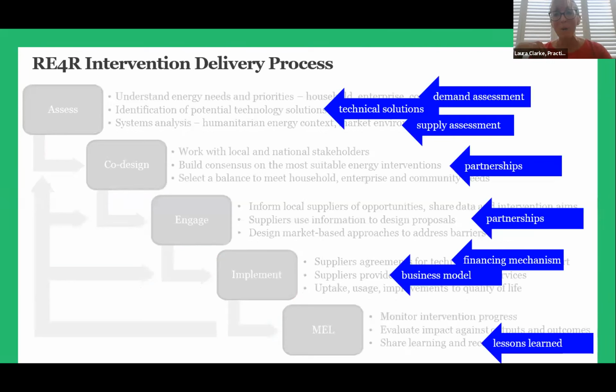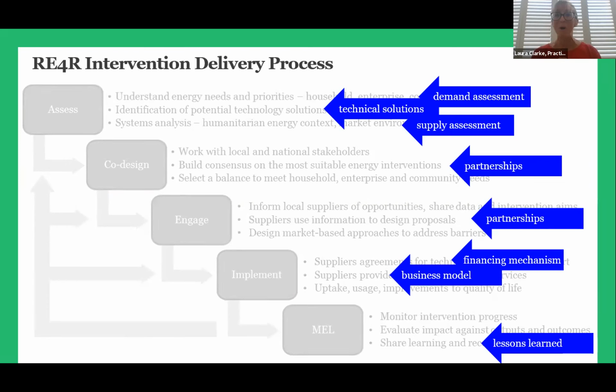And to map that process to the dimensions that we're trying to look at in this workshop today, and the structure that Jonathan and the GPA team have been working on for this series of presentations, you can see, although the process we went through doesn't map directly, there's not one step for each, that across the process that we went through, we looked at both a demand assessment, supply assessment, consideration of technical solutions, partner engagement through almost all of the phases of the project, and then financing support, development of business models and lessons learned.